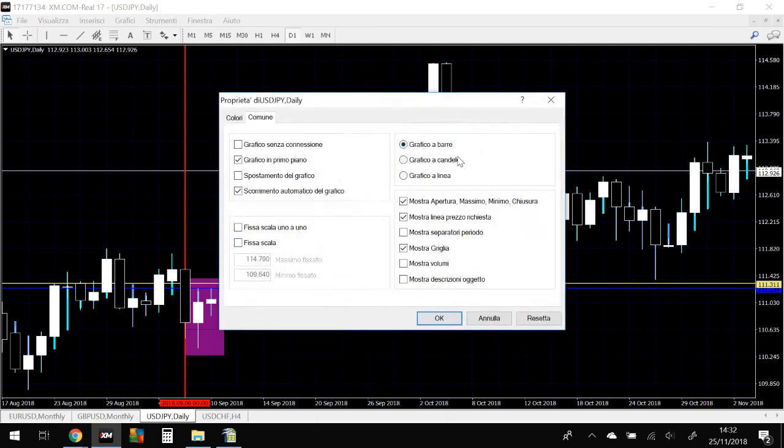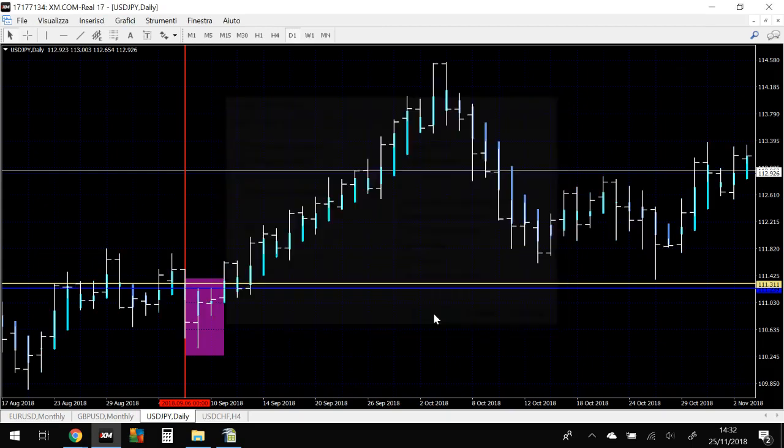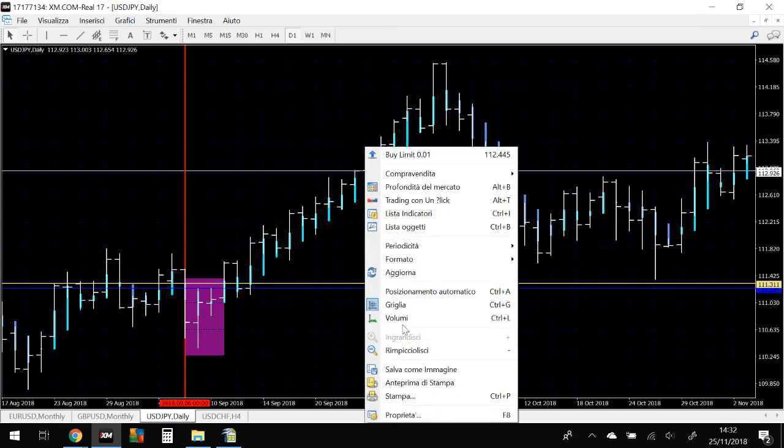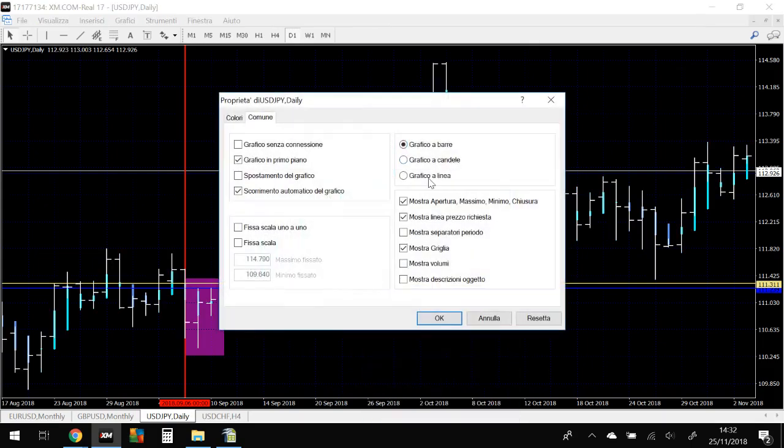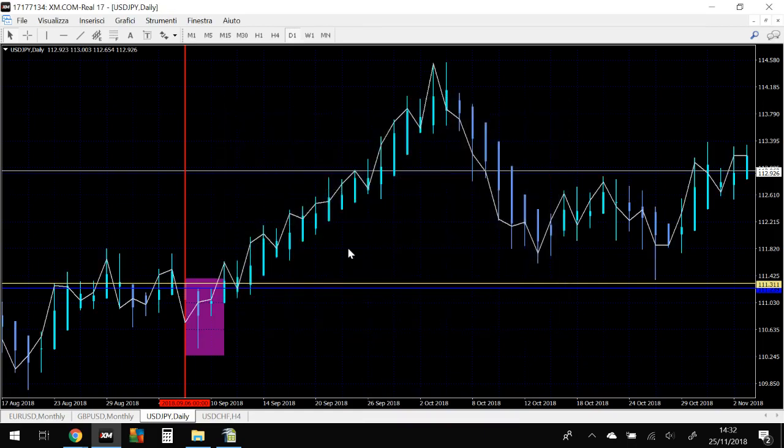So I don't want to use Japanese candlesticks or bar candlesticks because they cover the Heikin Ashi bars. I only want to look at the line chart because it is telling me where the price actually is going. Because as you can remember, Heikin Ashi bars don't tell you where the price is because they are an approximation.